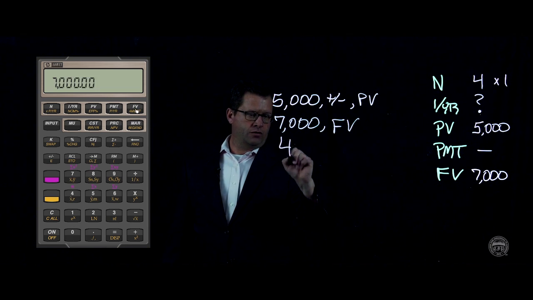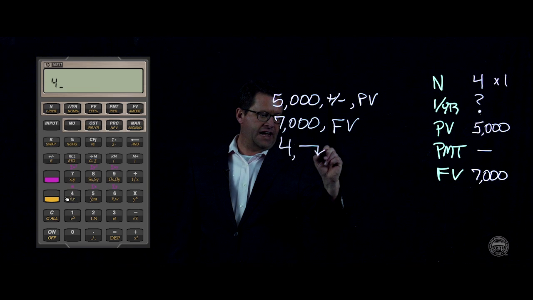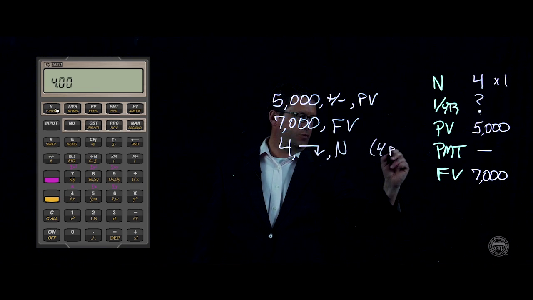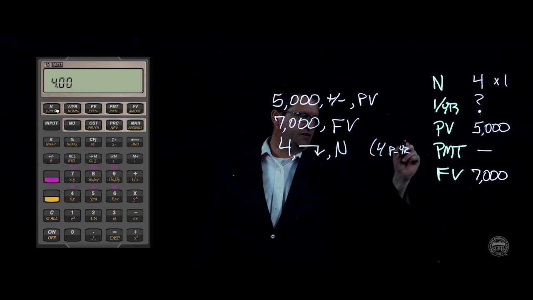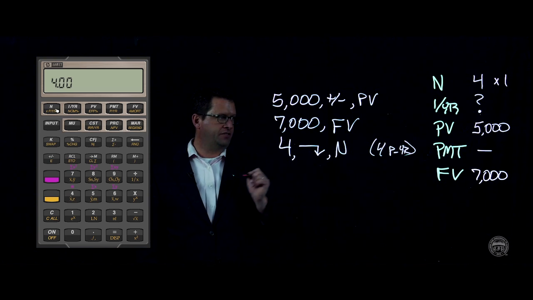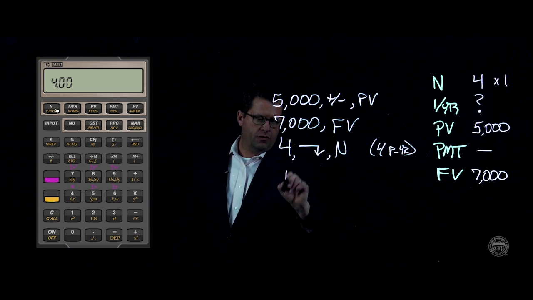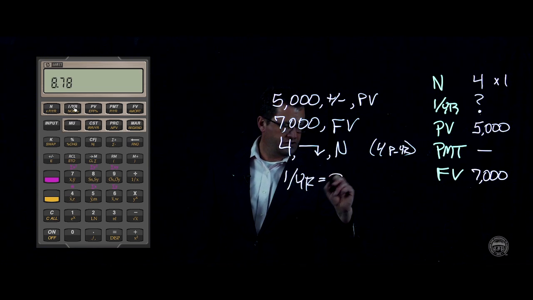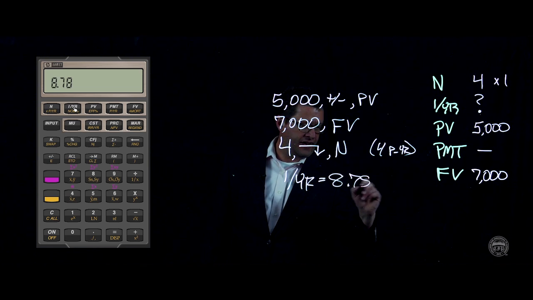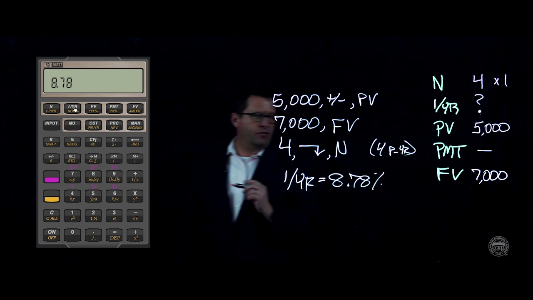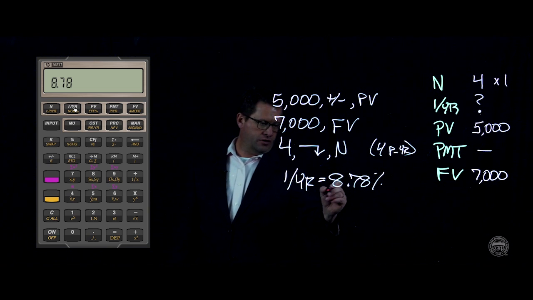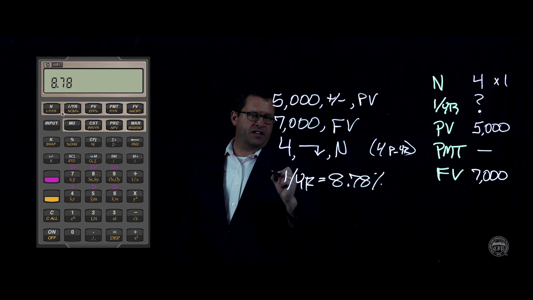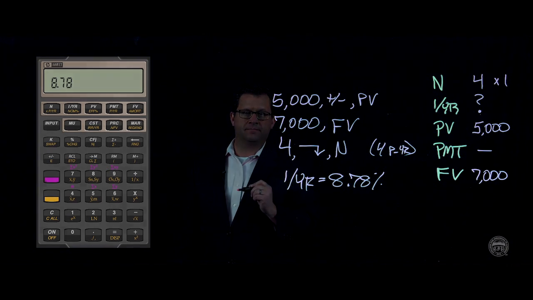We have 4, and then just because we're going to stay in a good habit, downshift N, and we should see 4 and then P/YR flash on the screen, telling us we have 4 compounding periods. Now, we just solve for our interest per year, and we should get 8.78%. So for Martin, he needs to earn a little over 8.75% in order for that $5,000 to grow to $7,000 in the 4-year period.